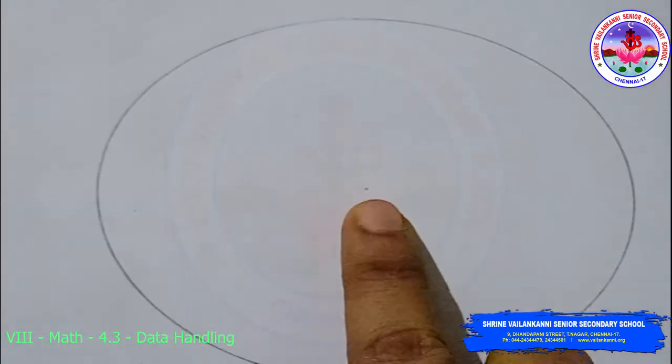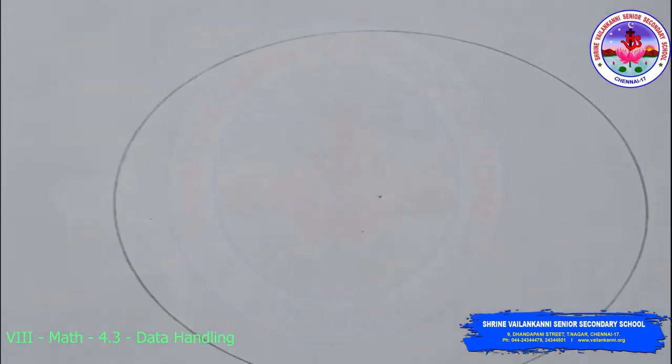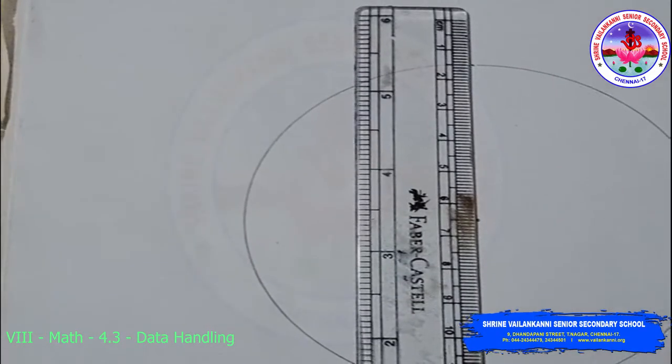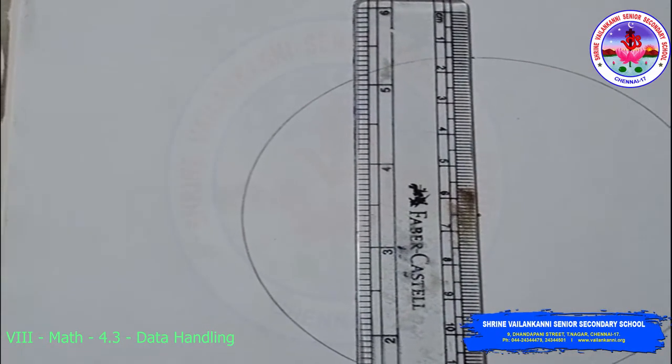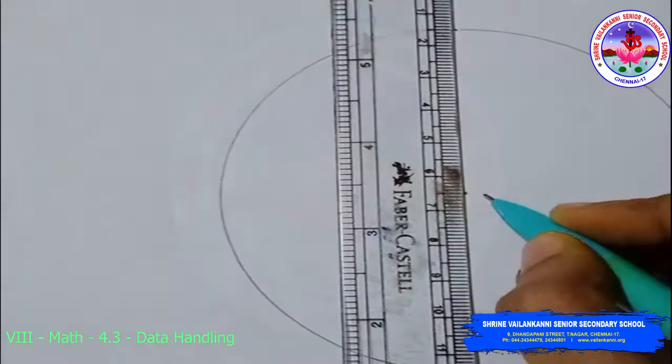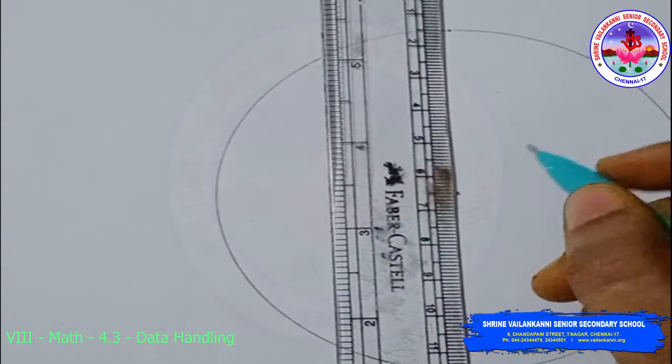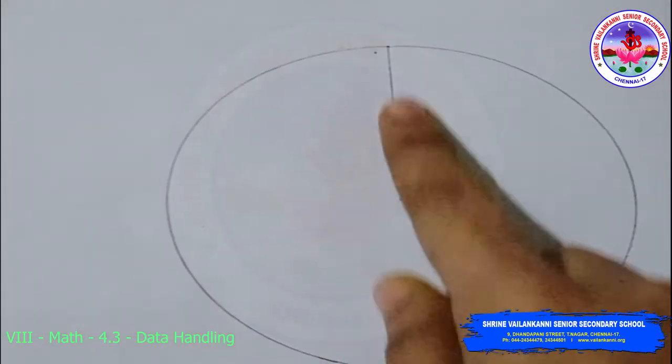This is the center point. Next, draw the baseline, starting with the radius from the center point. Now this is the baseline.